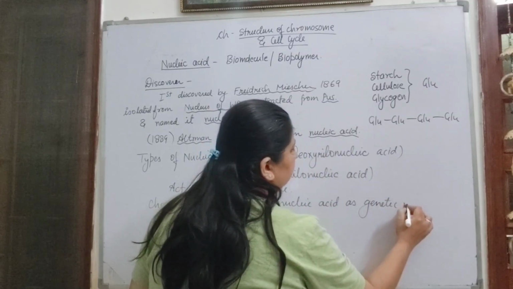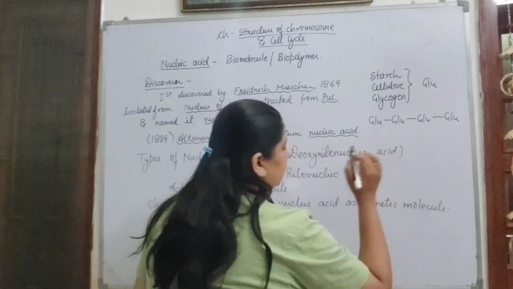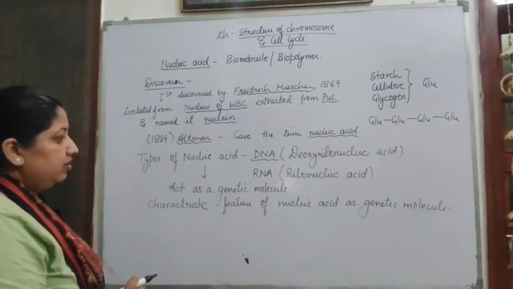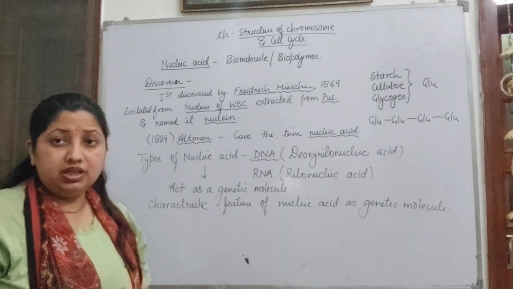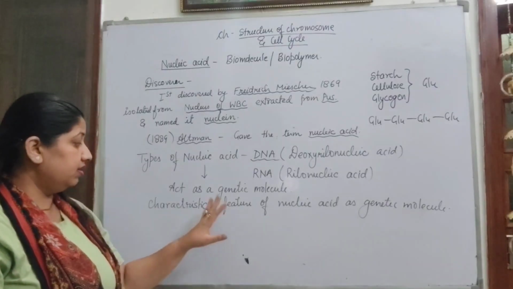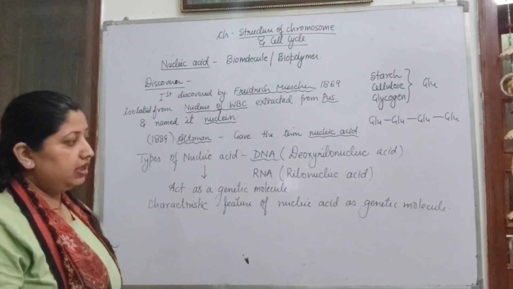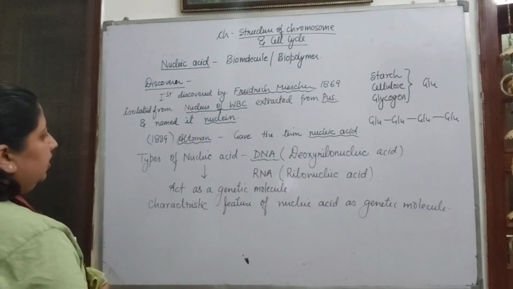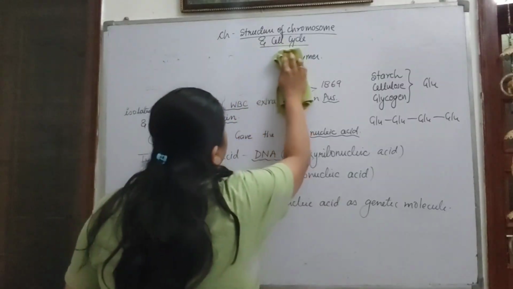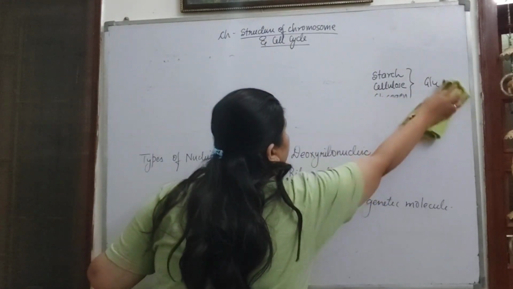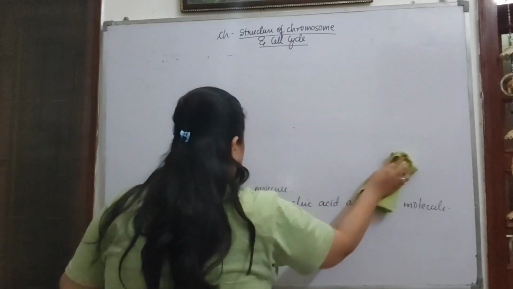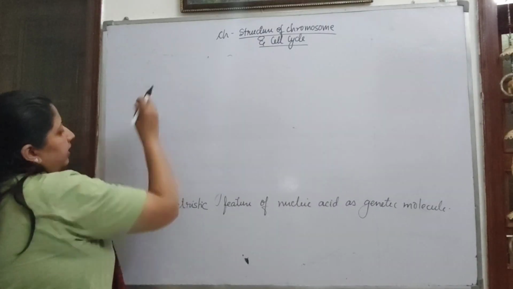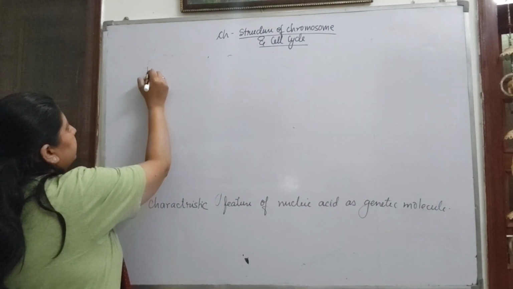While we understand these molecules as genetic molecules, there should be some criteria which are not found in protein, not found in carbohydrate, and only found in nucleic acid. So what criteria should be there?